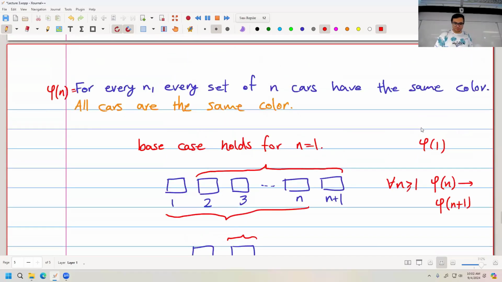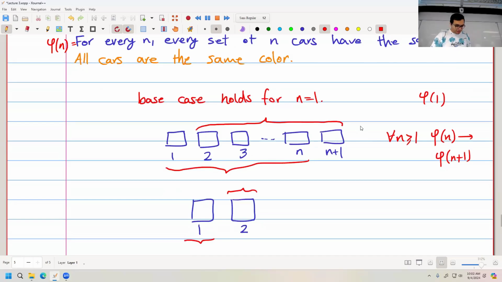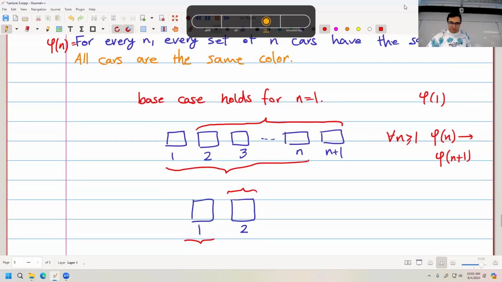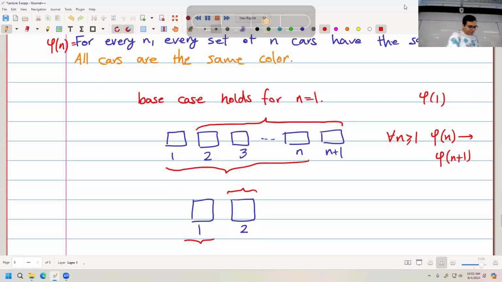Okay. Now, here's another one. I'm not going to even write this one because this is a little bit too stupid. We can prove by induction that everyone is bald. So here's the proof by induction. I prove that if you have exactly n threads of hair on your head, you're bald, okay, for every n.